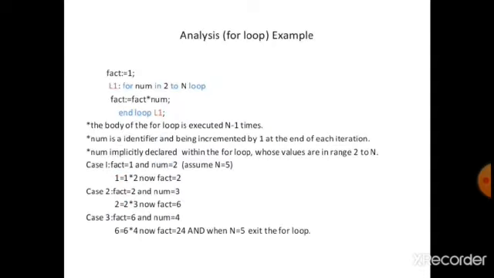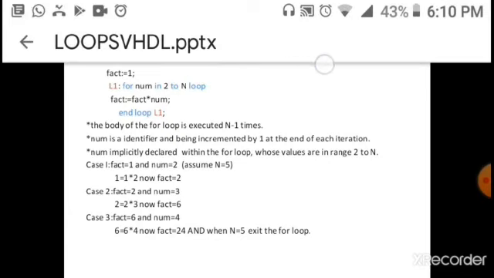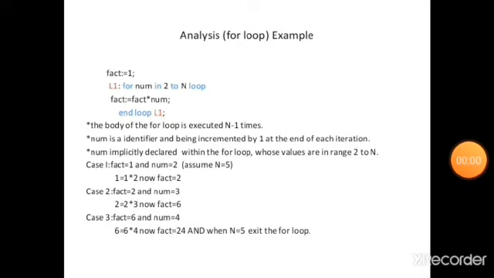Let us see the analysis, or the working, of this for loop statement. The first four lines are the same as in the previous slide, the example for the for loop statement. The body of the loop is executed n minus 1 times.